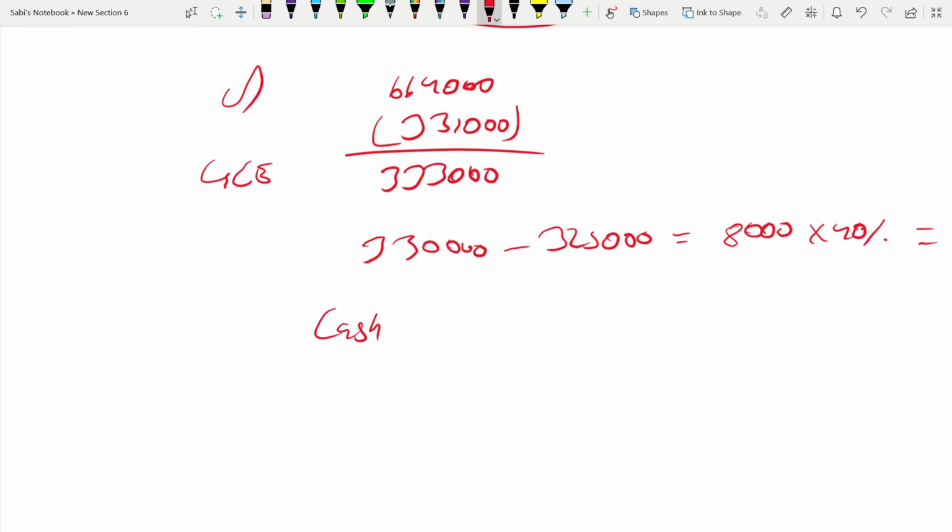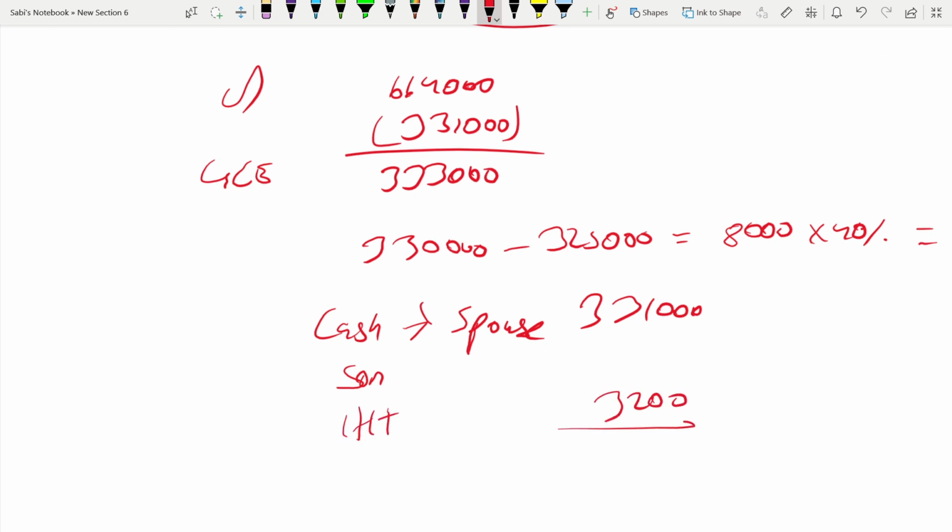Cash to spouse. How much? 331,000. To son is the residue. It's the balancing figure. IHT is 3,200. So it is how much?